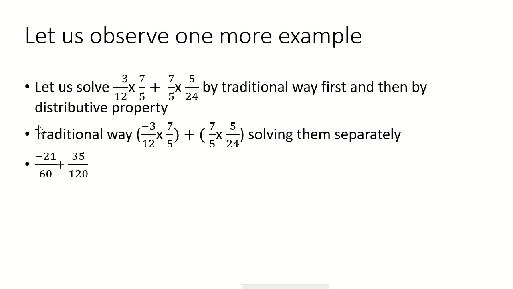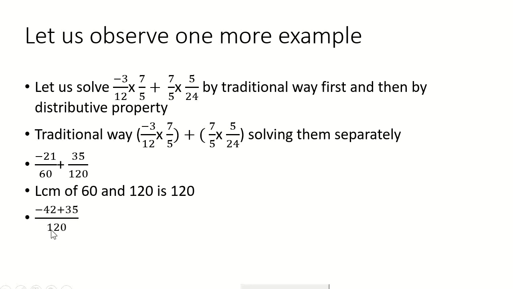Solving them separately, we have 3 multiplied by 7 gives me 21. So we have 21 by 60 and the minus sign remains. So minus 21 by 60 plus 7 into 5 gives me 35 and 5 into 24 gives me 120. Now to solve this further, we will take the LCM of 60 and 120, which is 120.